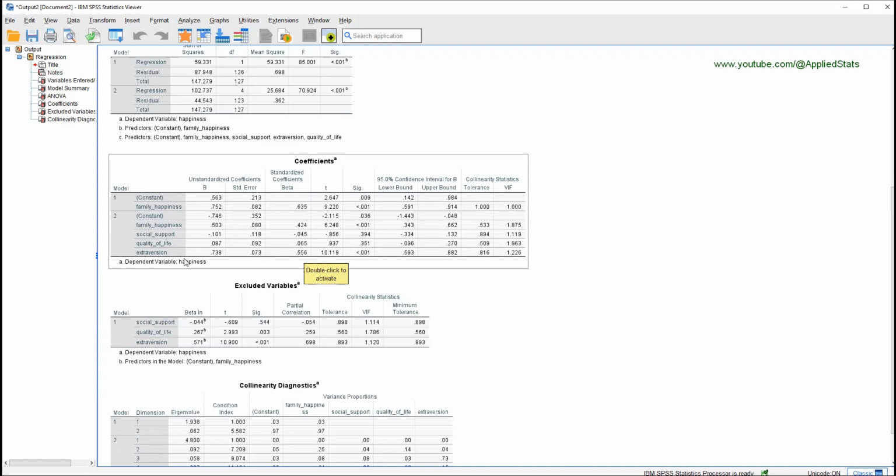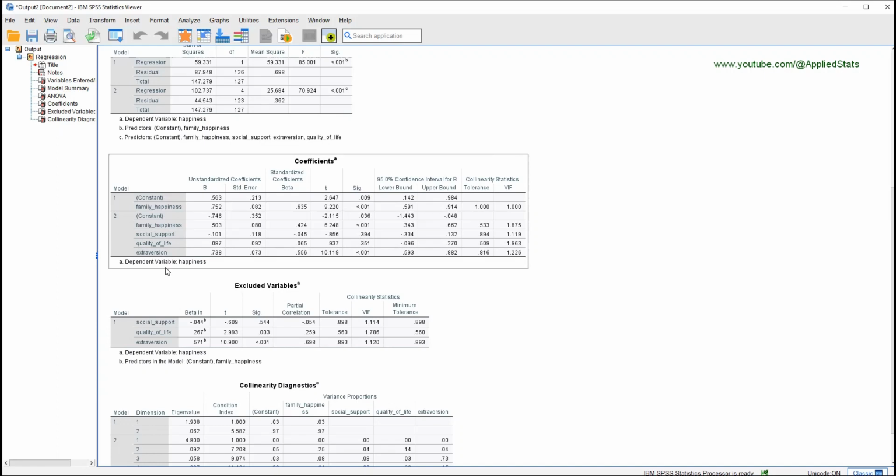So we can say that extroversion predicts happiness over and above family happiness. But social support and quality of life cannot predict happiness over and above family happiness. So that's exactly why we did a hierarchical regression. We wanted to know if our second block, social support, quality of life, and extroversion, can they predict happiness over and above family happiness?